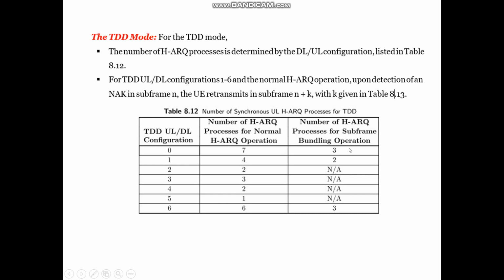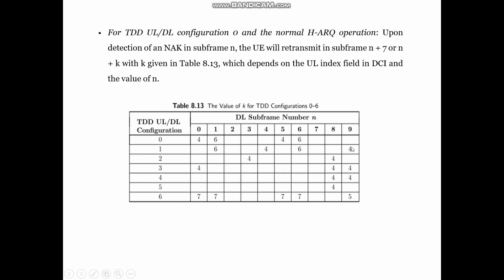So this table is used to determine the subframe number depending on the configuration of the particular TDD uplink or downlink. Okay, the same has been explained over here. Please go through that.